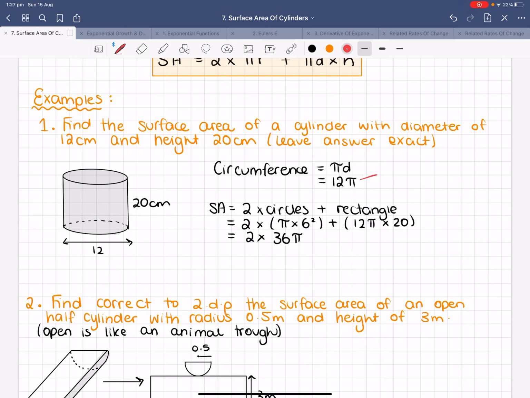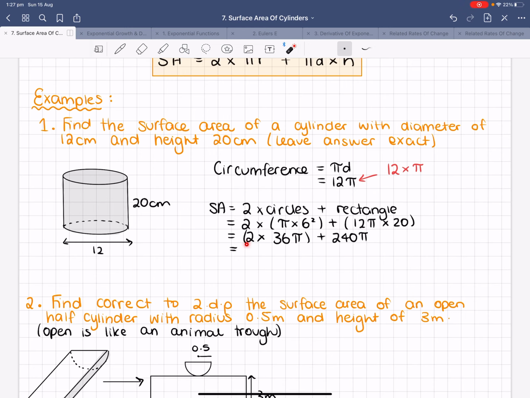Just remember that that is the same as 12 times pi, which is why this is the same as 36 pi. So it's all of that plus 12 times 20, which is 240. So 240 pi.